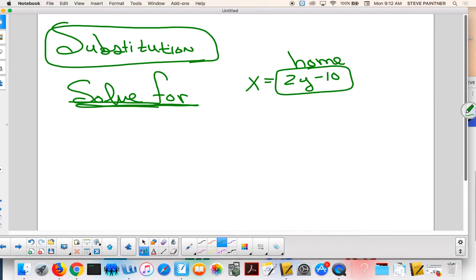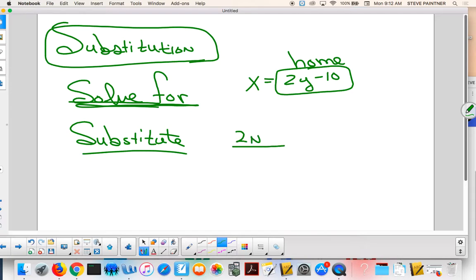Take that expression, 2y minus 10, and substitute the expression right there into the not-home equation, the second equation, or the other equation. You solved one equation for x, now substitute that into the other equation, in the place of the isolated variable. Step 3, blank the equation.